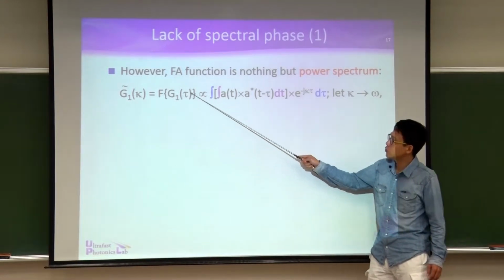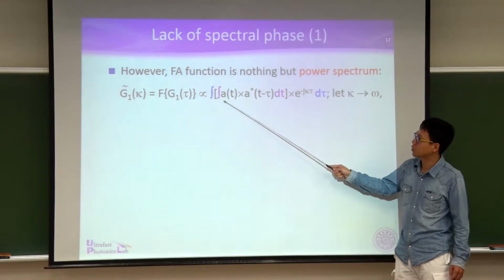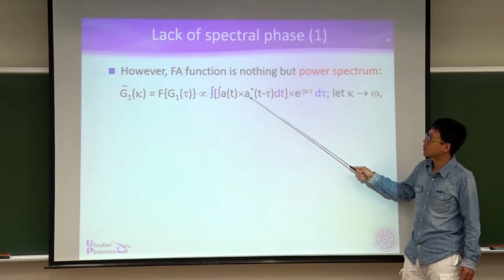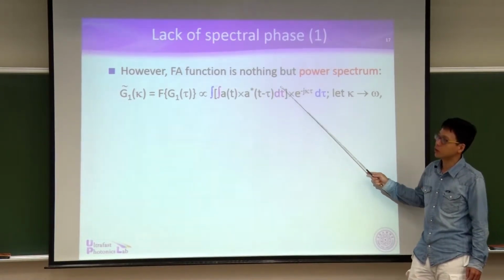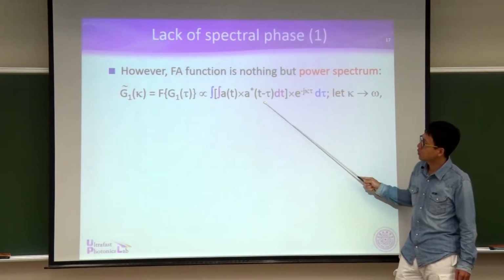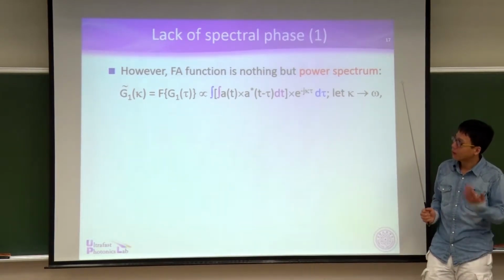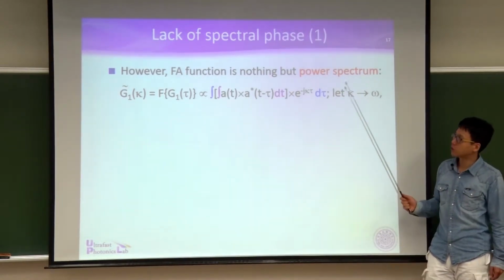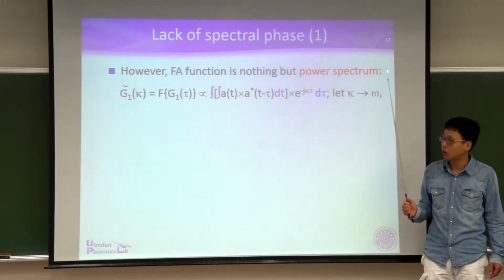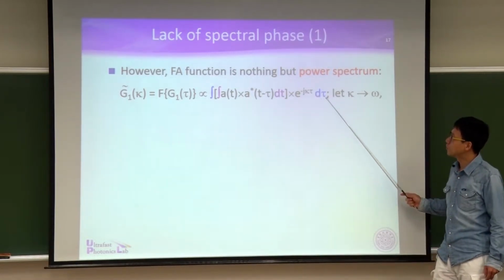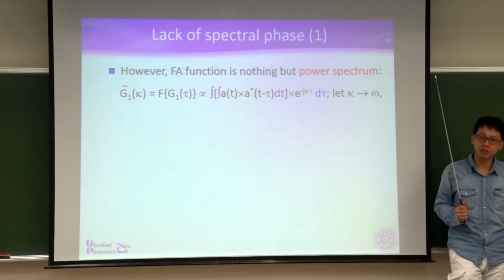First, G1 function is already an integral here, the inner part, integration of a of t times a of t minus tau complex conjugate, integration with respect to variable t. So this part means G1 according to the definition. And for the purpose of Fourier transform, you have to multiply the kernel function e to the minus j kappa tau and the integration over the second variable tau. So it's a double integral representation.